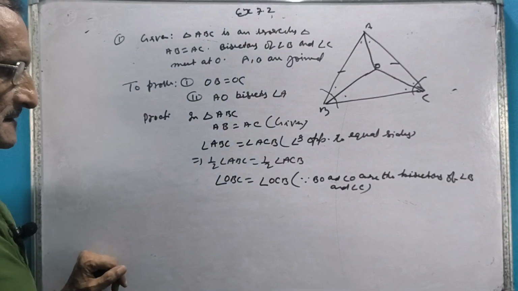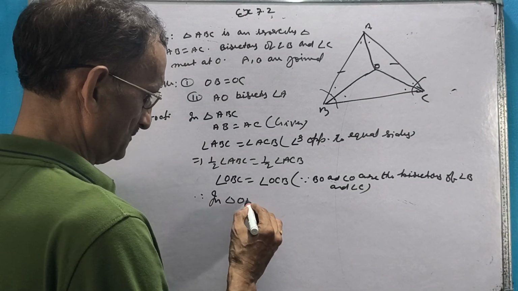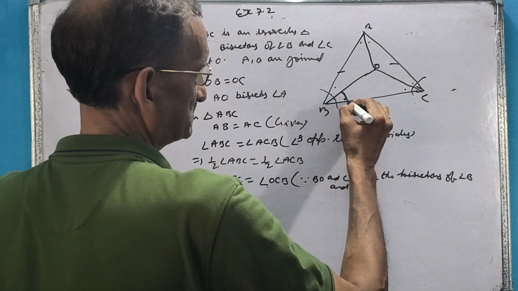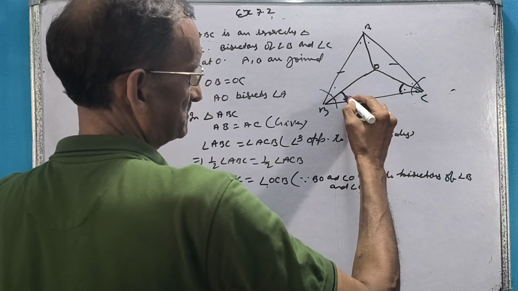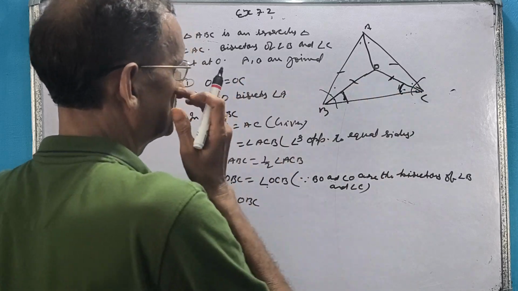Now in triangle OBC, we have got angle OBC equal to angle OCB. If in any triangle two angles are equal, then their opposite sides are equal. This is the second theorem.